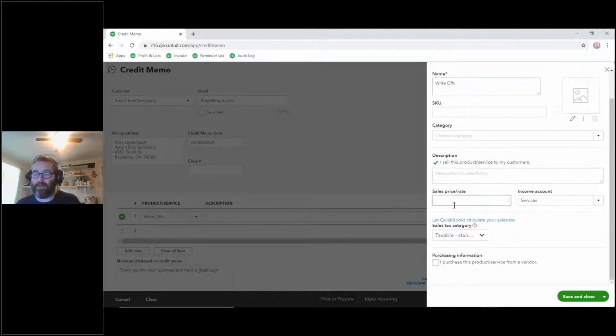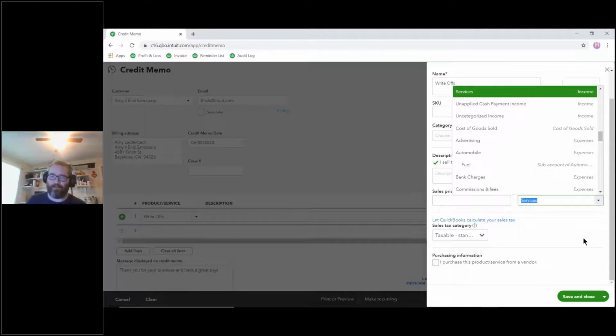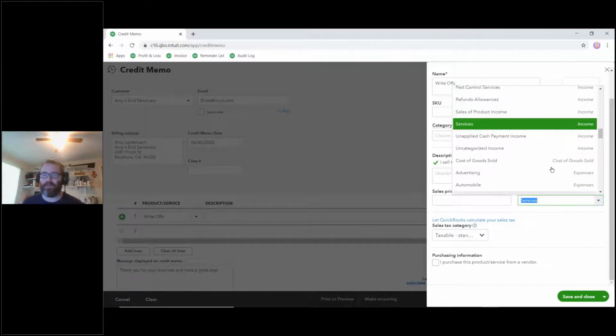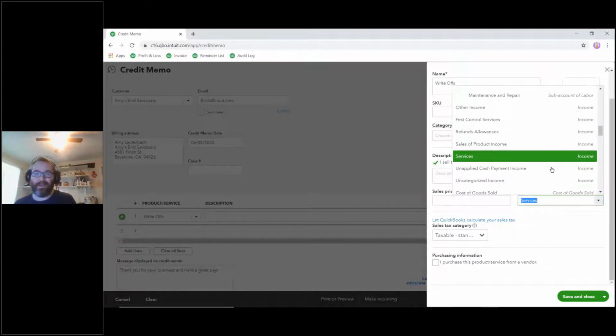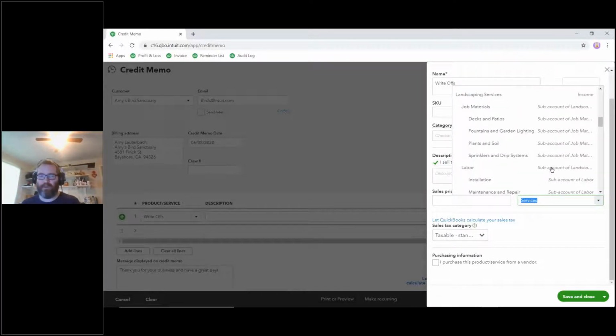I'm going to put in no sales price because it's going to be different from one customer to another. The income account, you've got choices. Usually what people will do is they'll actually create an income account that will have a negative balance on the profit and loss report.